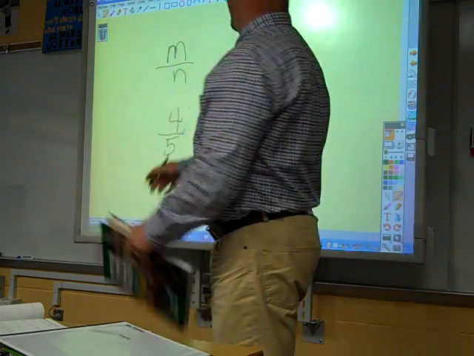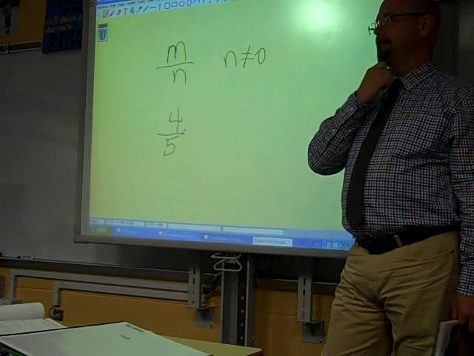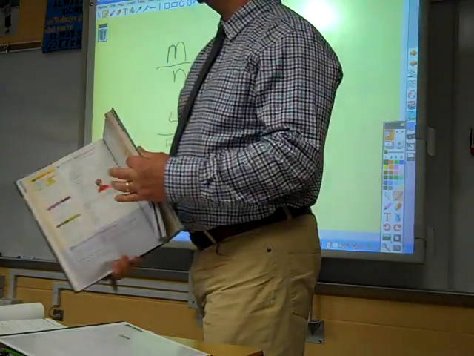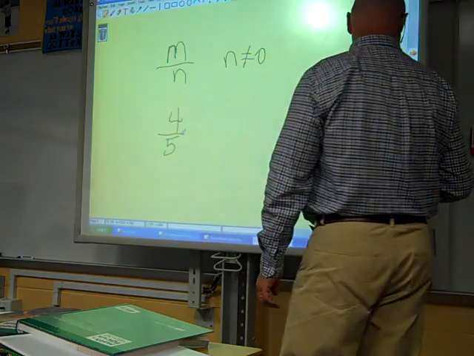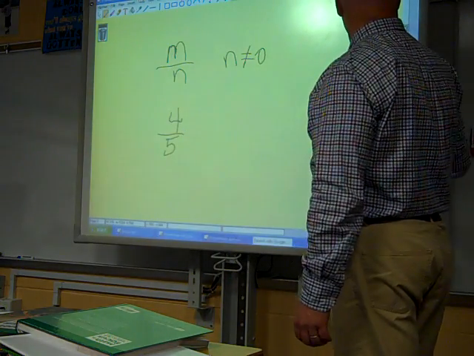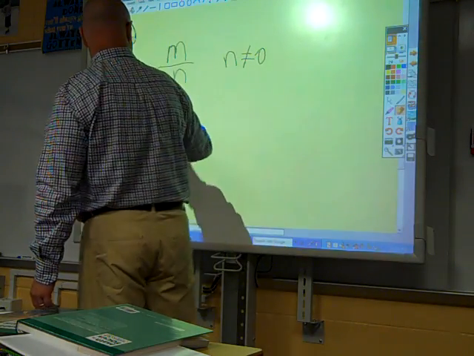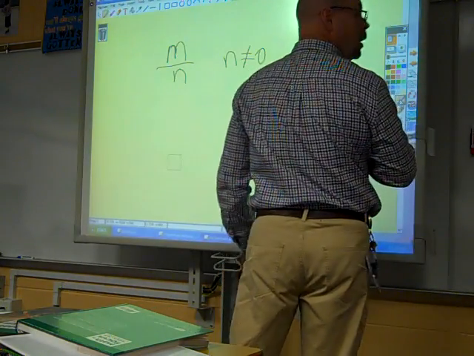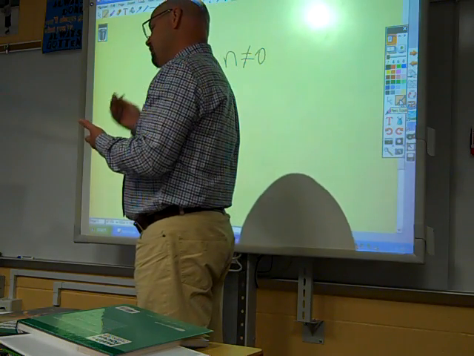Why can't n be equal to 0? Josh! N can't be 0 because every single number above 0 is greater than 0. Well, the negative numbers too, they're not above 0.